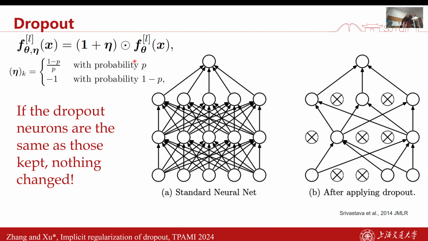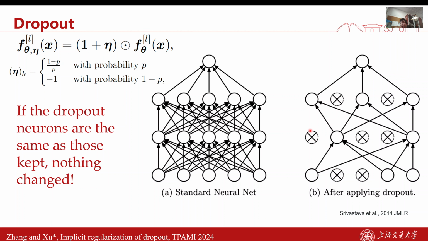So the output of this neuron will be 0. This is the original fully connected network, and this is the dropout case. For example, neurons with this sign have their output set to 0, so they don't have output in this training step.